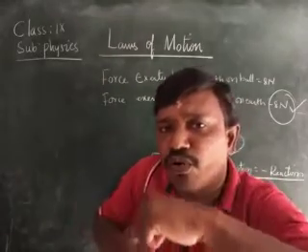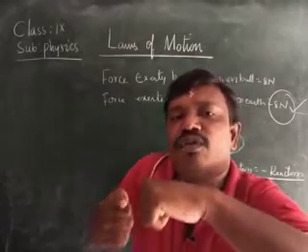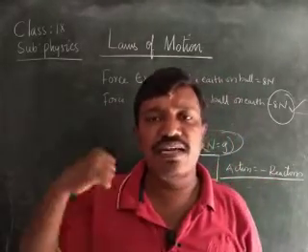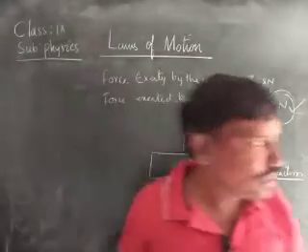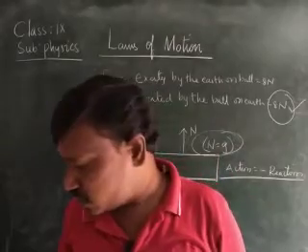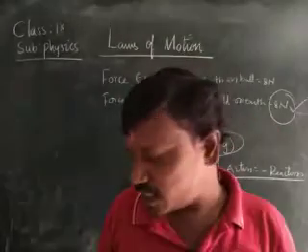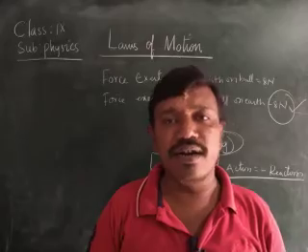Therefore, they should hold the gun very tightly and stiff such that they won't get pain. If not, their shoulder may be broken. Therefore, these are the applications of Newton's third law, children.